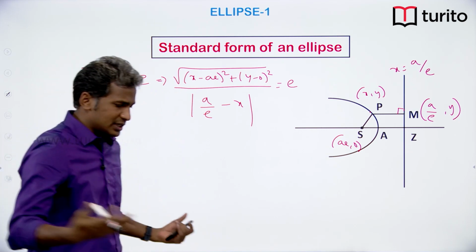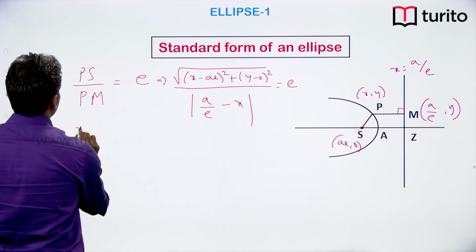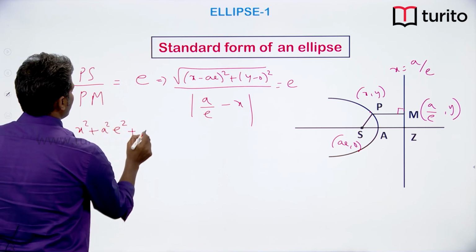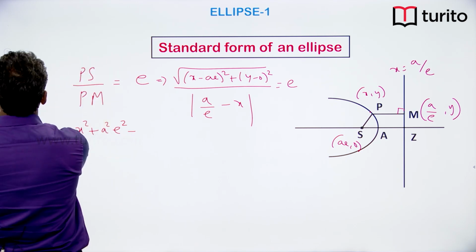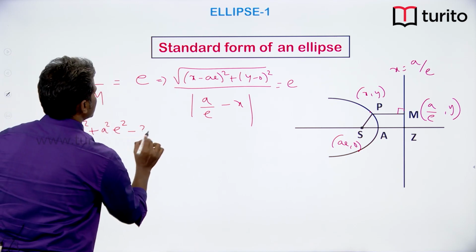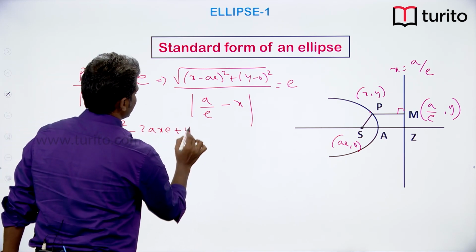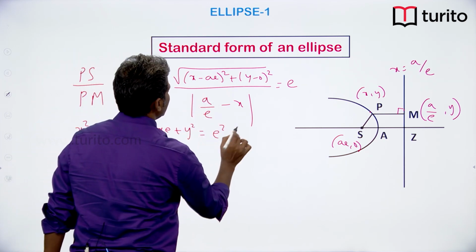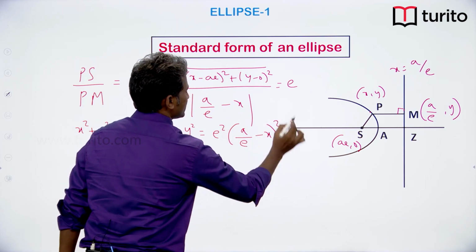We now square it and simplify it. When we square, what do we get? x square plus a square e square, minus 2axe, plus y square is equal to, on the right hand side, e square into a by e minus x whole square.